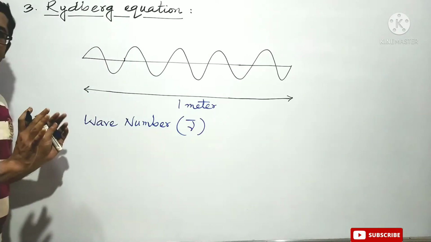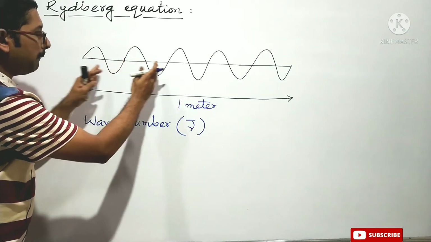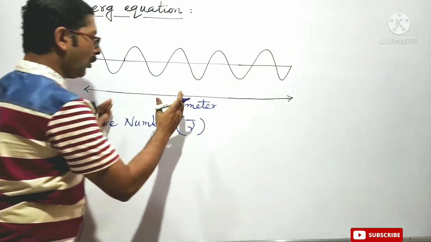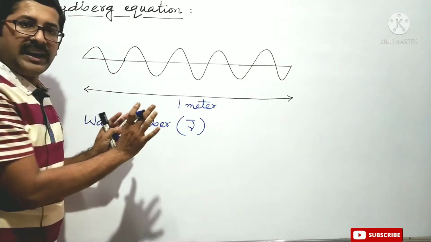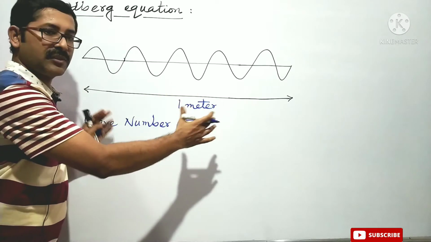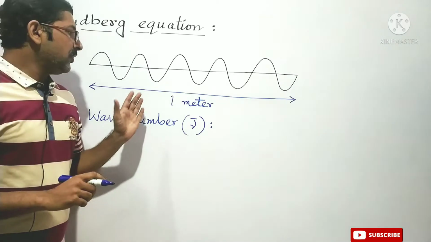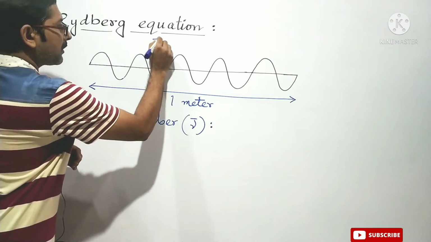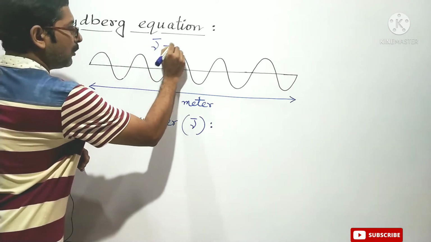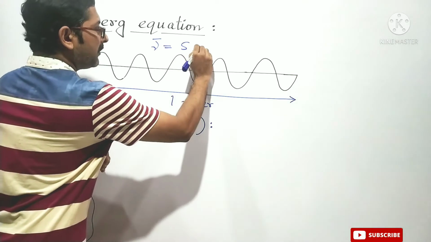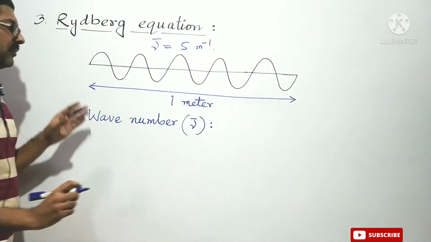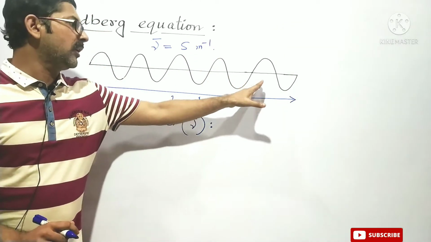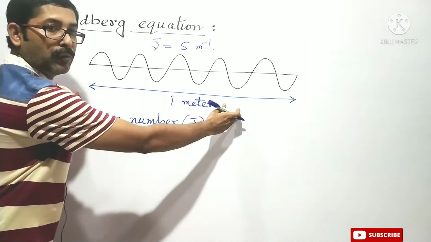So what is wave number? The number of complete oscillations of the wave within unit length or unit distance is known as wave number, right? In this example, the value of nu bar is equal to 5 per meter, because there are 5 complete oscillations of the wave within the distance of 1 meter.